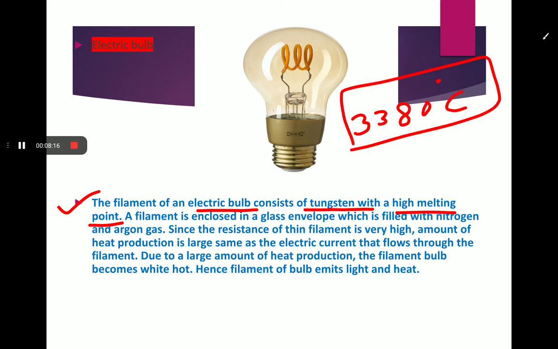And the filament is enclosed in a glass envelope which is filled with nitrogen and argon gas. Since the resistance of this thin filament is very high, the amount of heat production is large as the electric current flows through the filament. Due to the large amount of heat production, the filament becomes white hot, and hence the filament of the bulb emits light and heat.